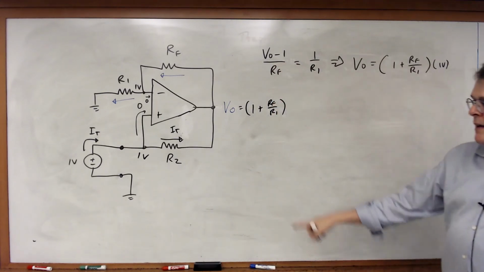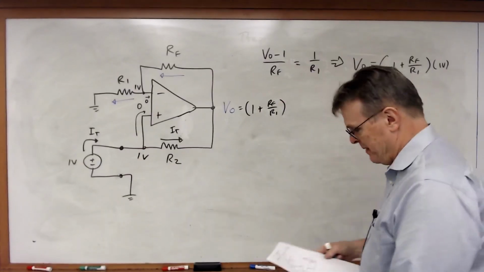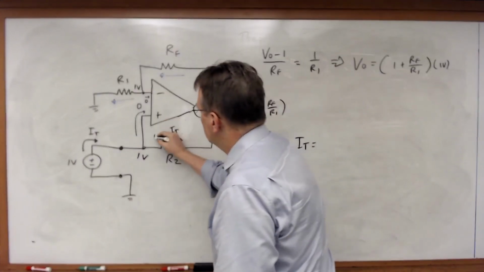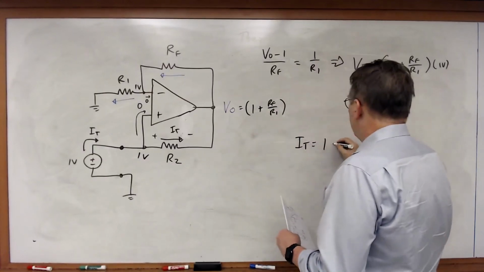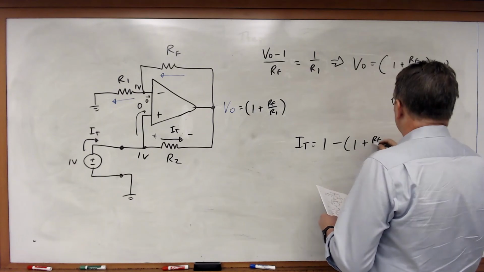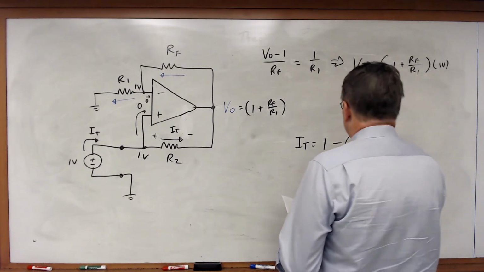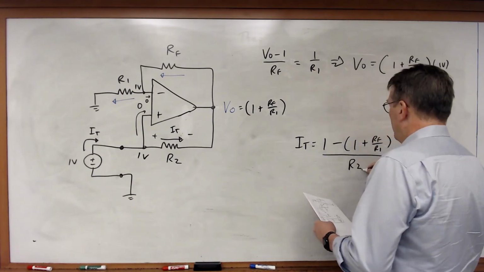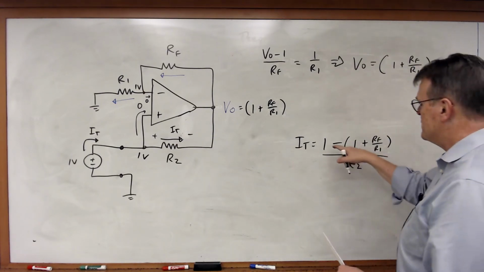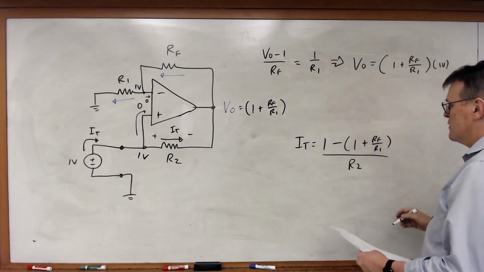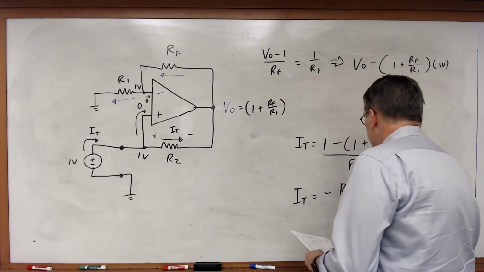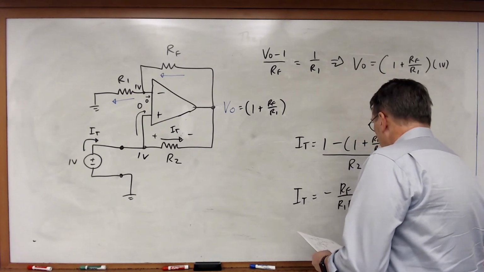So once we know that, what is IT? IT must be equal to, in this case, 1 minus (1 plus RF over R1), divided by R2. And if we simplify this, 1 minus 1 is going to cancel, and what we're going to get is IT is equal to minus RF over R1 R2.